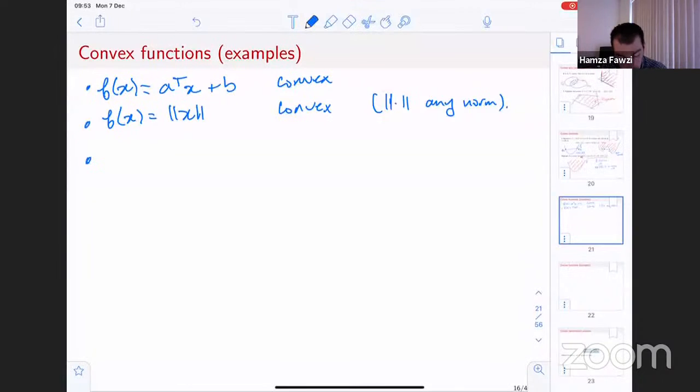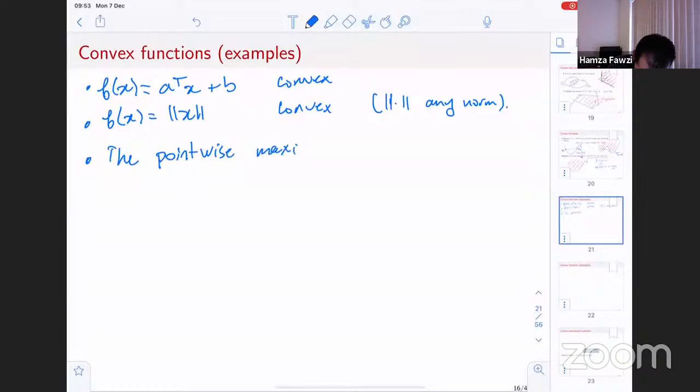There is a very useful property when proving convexity of a function, and that is the pointwise maximum. The pointwise maximum of convex functions is convex.